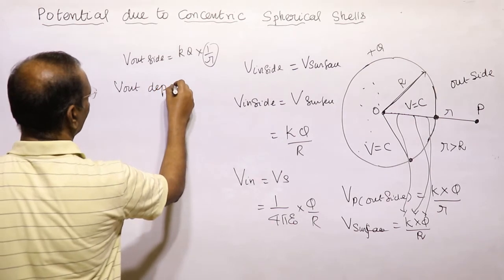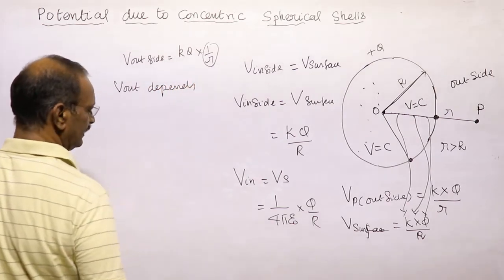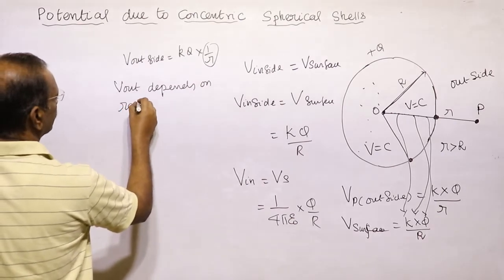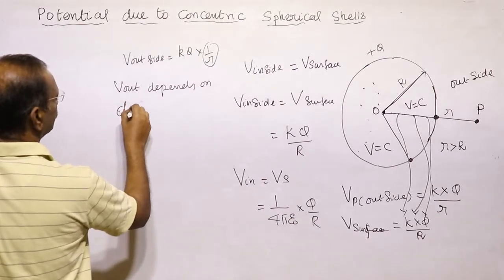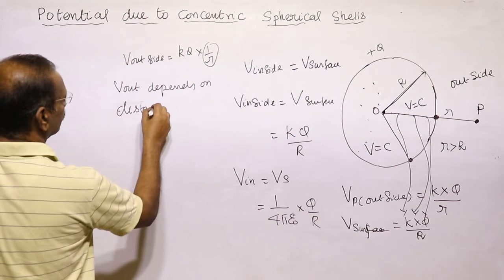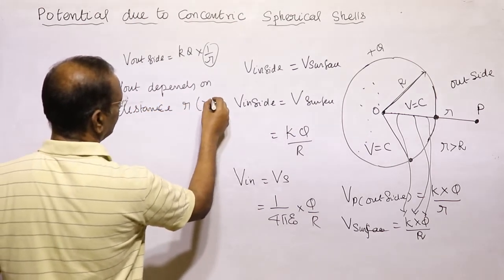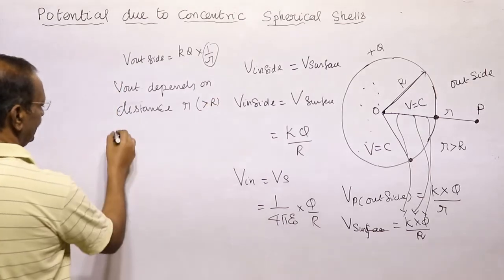V outside depends on the distance r, where r is greater than the radius. So it is a variable.